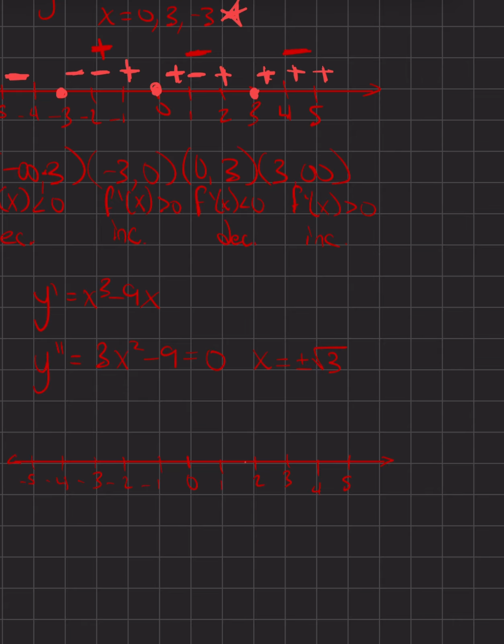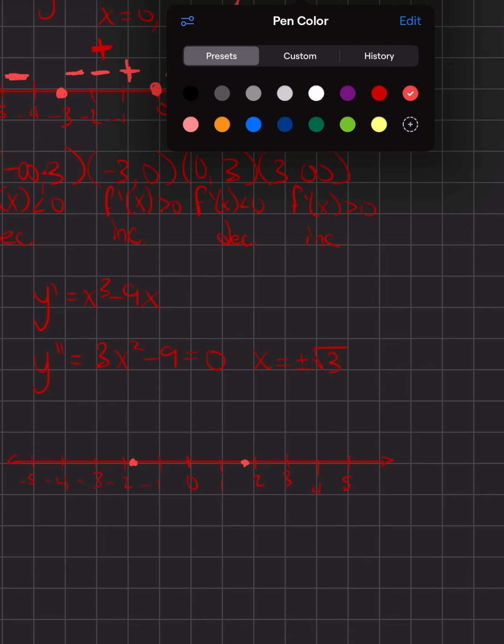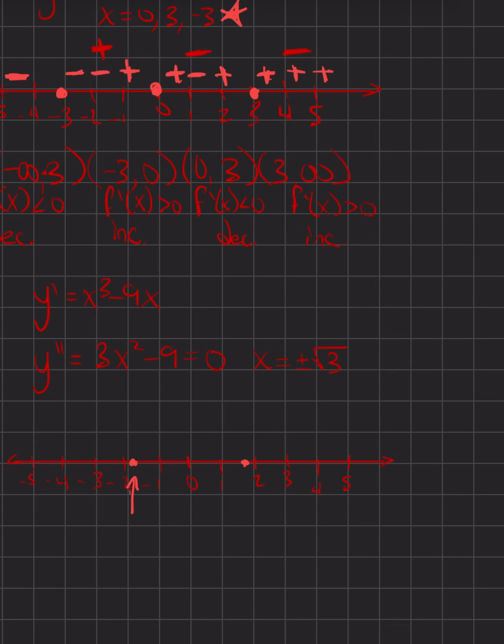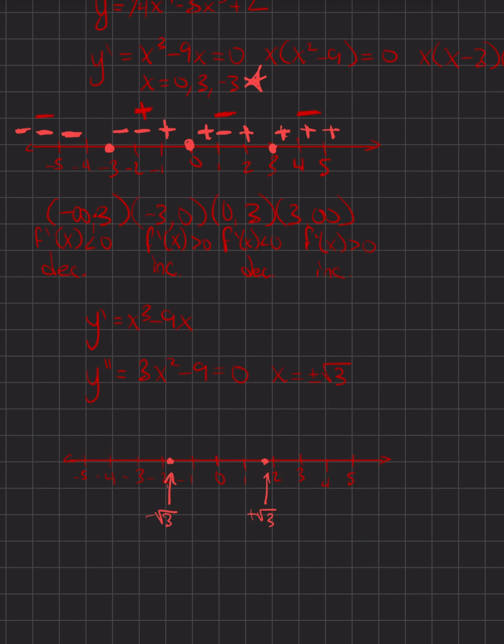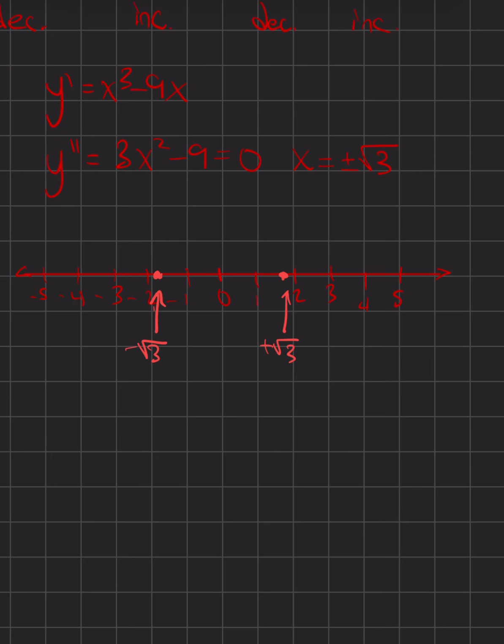So that's going to be about here. And then negative root 3, that's going to be about negative 1.7-ish. So just to make this clear, I'll put an arrow here. It's going to be negative root 3. It's going to be positive root 3. And now, just like before, we're going to start evaluating our function at these points.